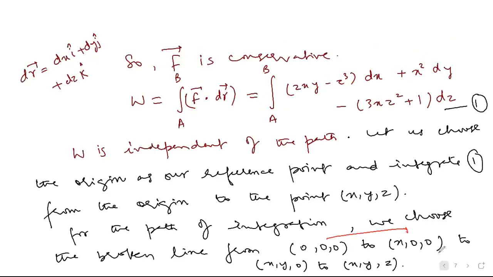You can check. Y is 0, z is 0. So when y is 0, this term vanishes. Dy is 0, dz is 0. All the three terms in the integral become 0. So the integral is 0.